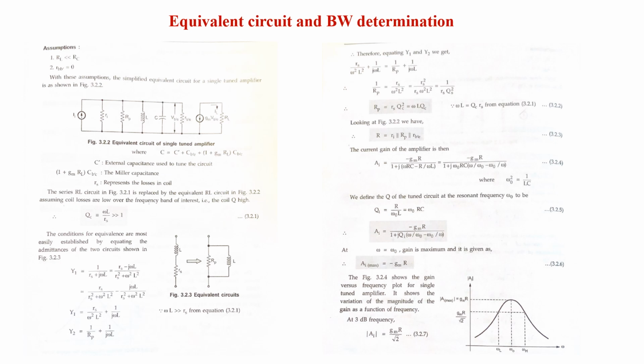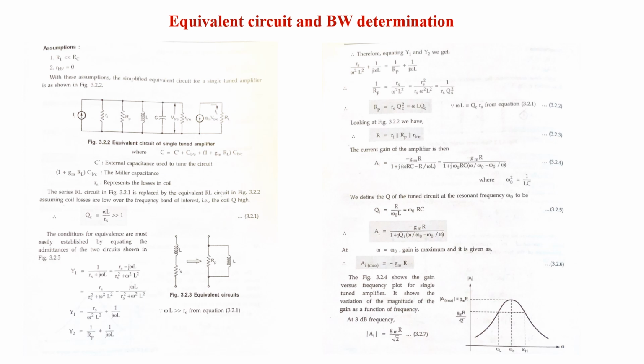Next, I will be discussing how we perform the analysis of this particular model, and what bandwidth determination we'll be using. In any circuit analysis, we have to draw the equivalent circuit of the amplifier, which is shown over here.